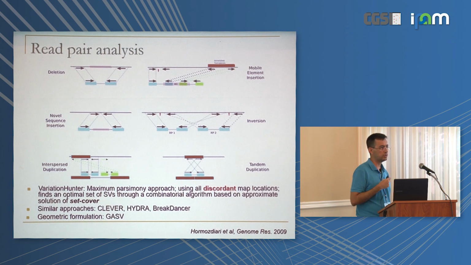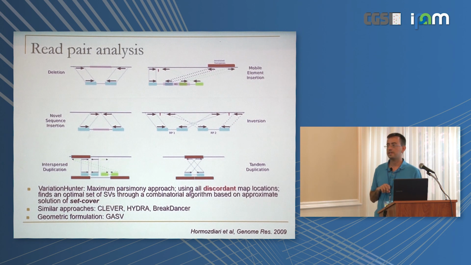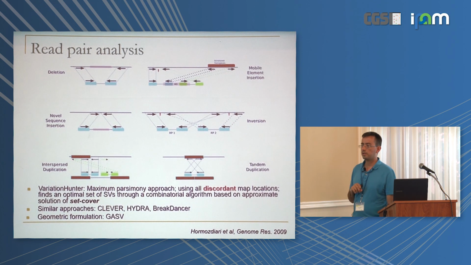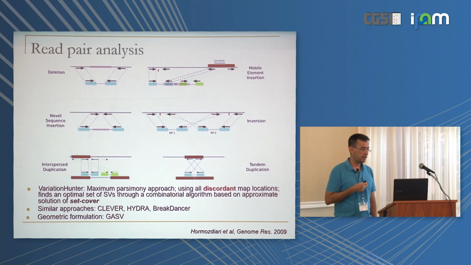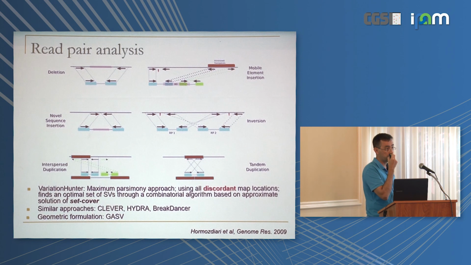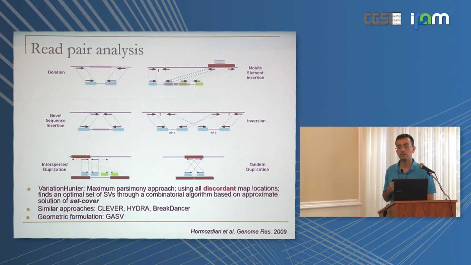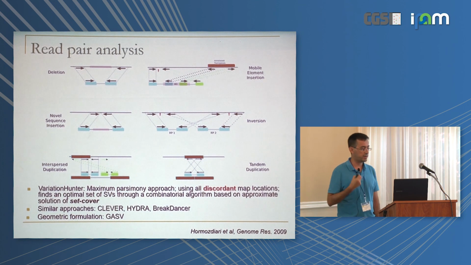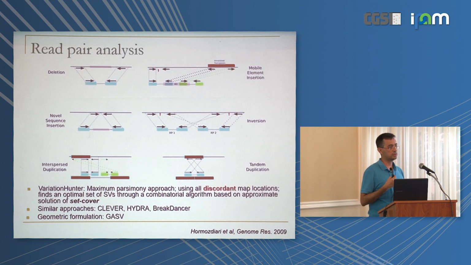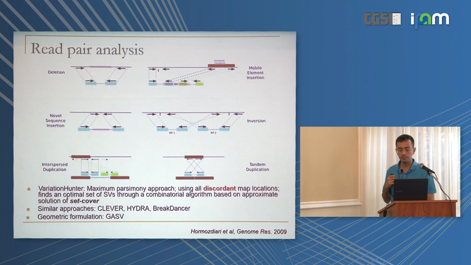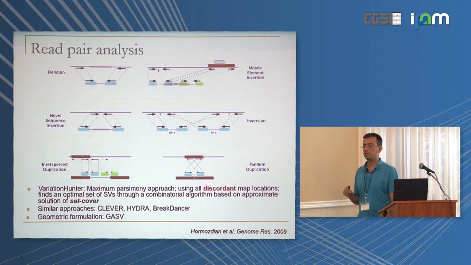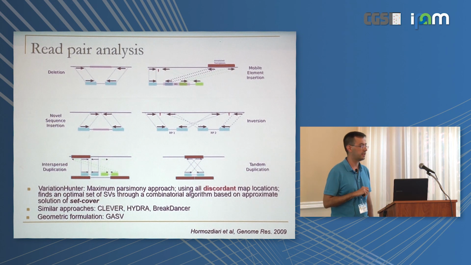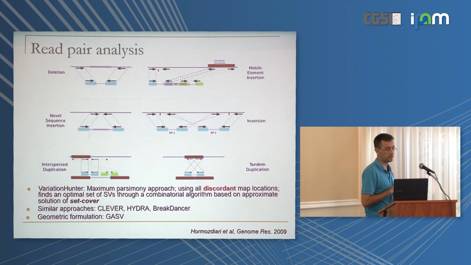So there are different algorithms that use this technique. The algorithm that we developed was VariationHunter, and it was using all possible map locations, and it formulates the problem as a maximum parsimony approach, and then it tries to find the optimal number of structural variants using a reduction and an approximate solution to set cover.